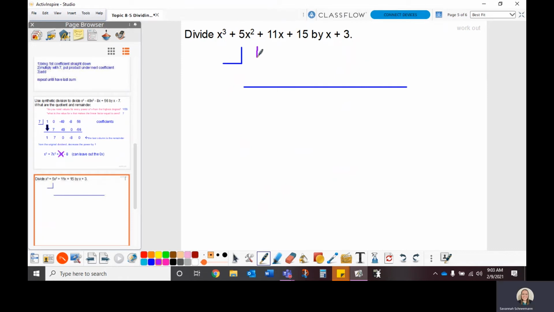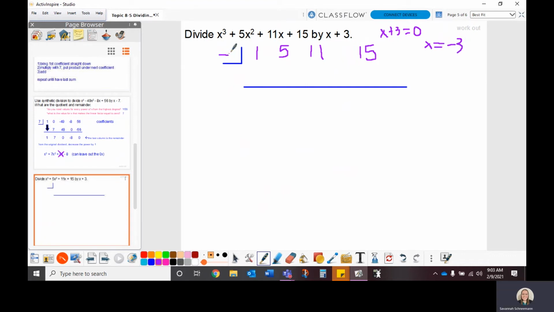So I'm going to go ahead and write 1 for x cubed, 5 for x squared, 11 for 11x, and then 15 at the end. So then remember, we have to set x plus 3 equal to 0, which means x is going to equal -3.